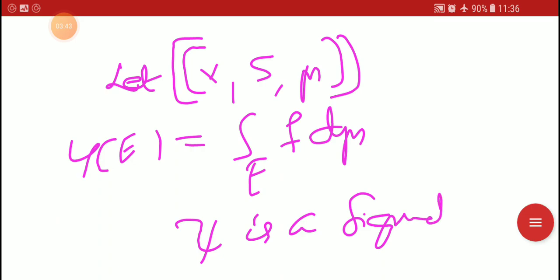To prove psi is a signed measure, it is enough to prove all three properties. First, psi takes at most one of the values plus infinity or minus infinity.